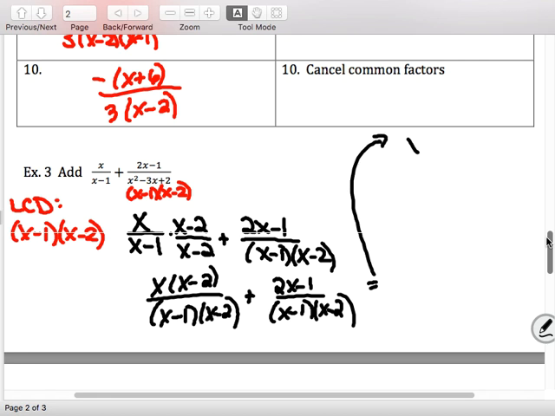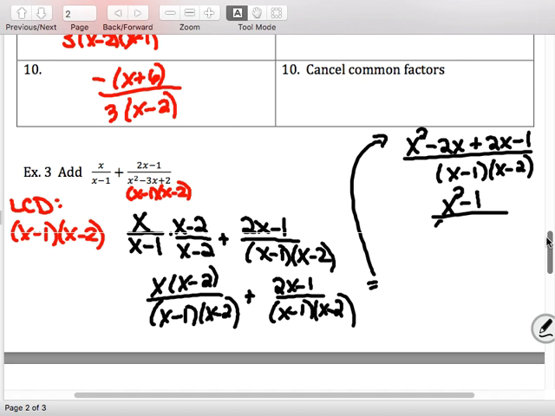Put it over the common denominator and say x squared minus 2x plus 2x minus 1. Then you combine like terms, so you can see the connection to our 2-column proof steps. So I combine like terms, and then you want to see if it'll factor, and this does.